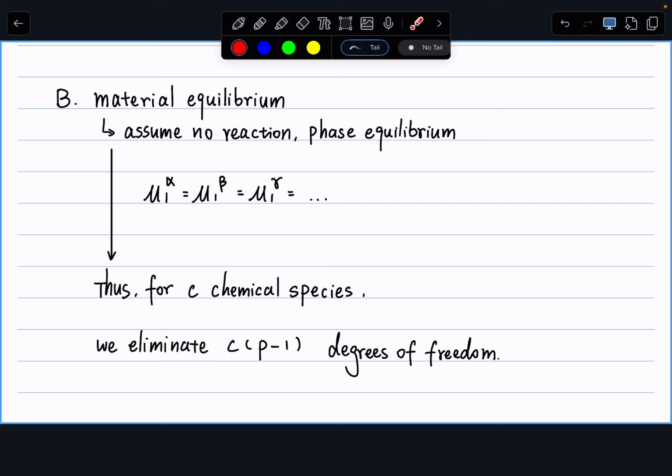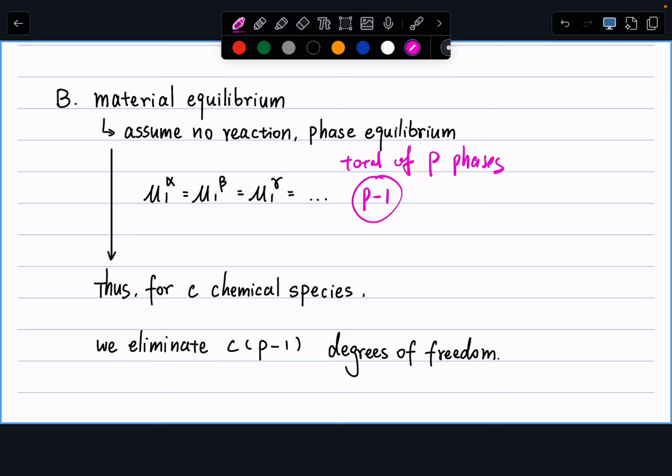All right. So what does it mean? So again, this translates to say in total, we have P phases, and we have P minus 1 of these chemical potentials that have the same value. All right, so we still need a number to represent the chemical potential to start from.